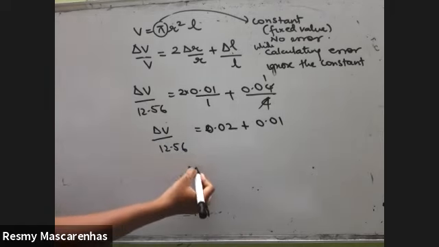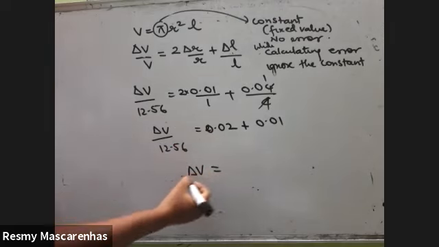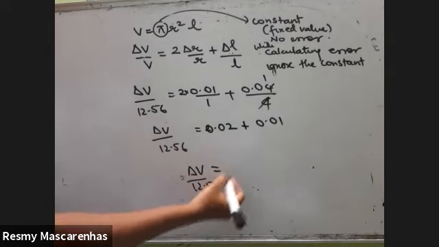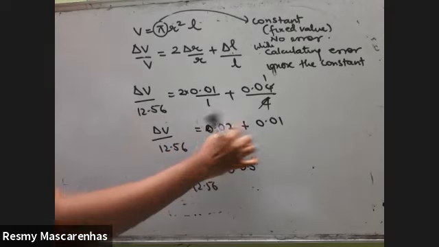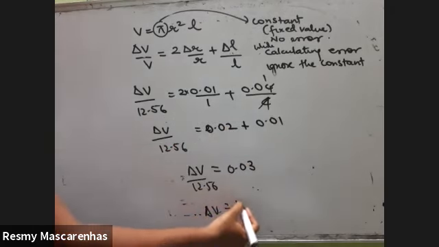Now delta V, this will go up. Or before that also you can just calculate. This will be 0.03 after adding. So yes, delta answer is 9.